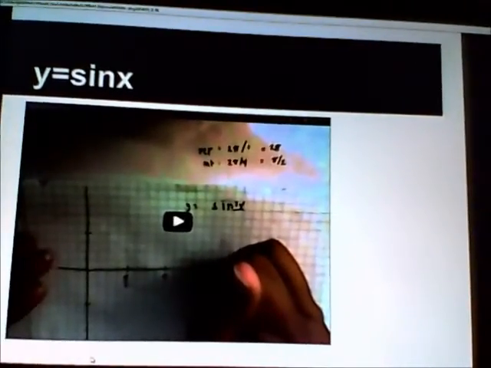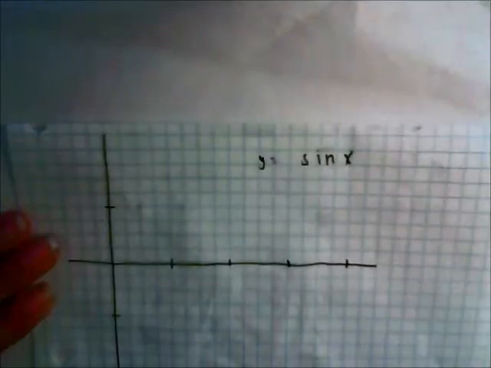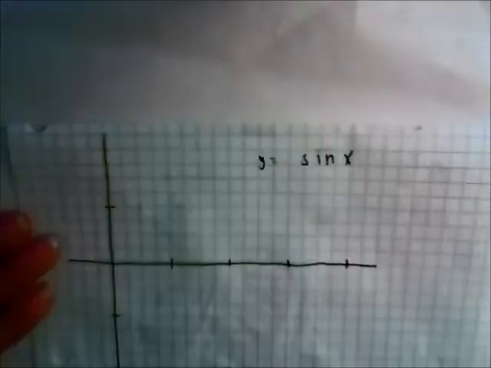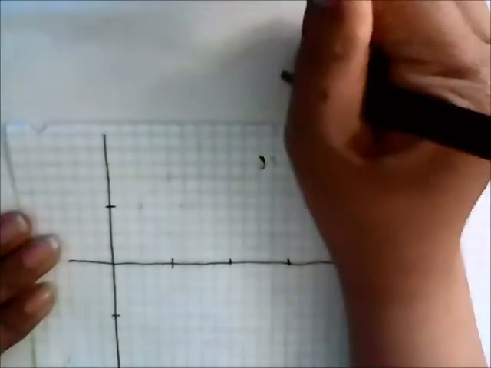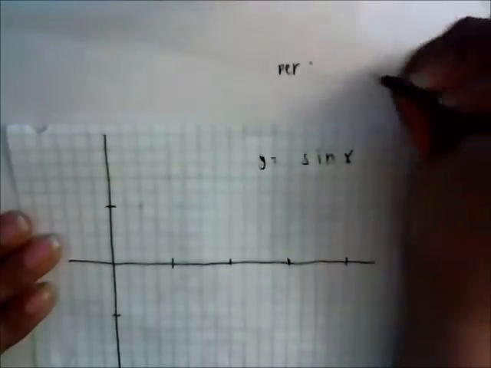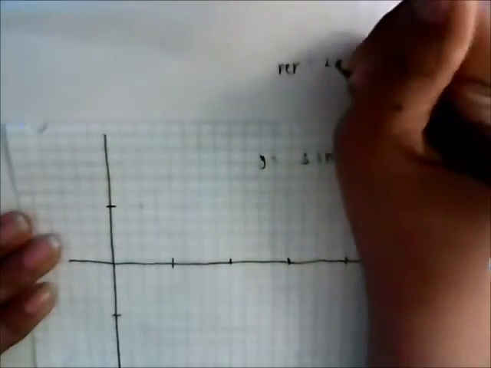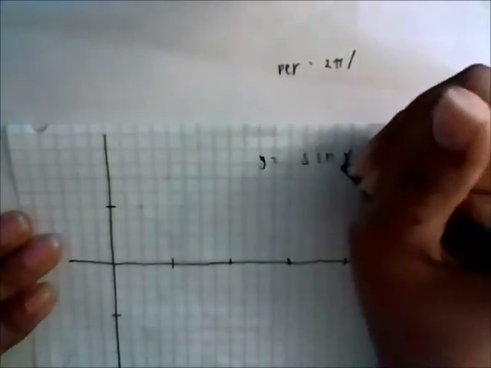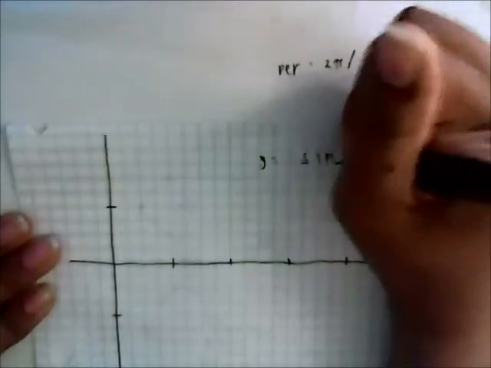So let's learn how to graph y equals sine x. The thing we have to do is learn how to graph the parent function y equals sine x. In order to graph the parent function, we have to find first the period. The period is found by dividing 2 pi by whatever comes before x, which in this case is 1.